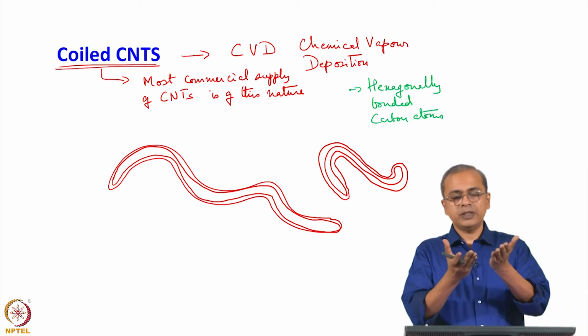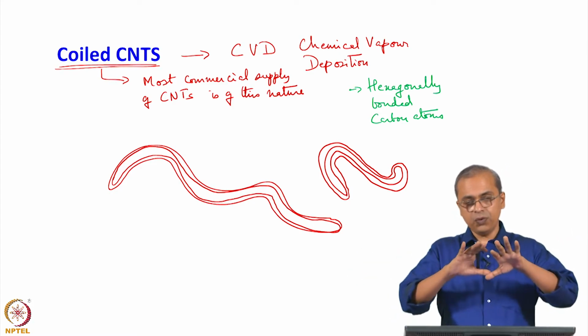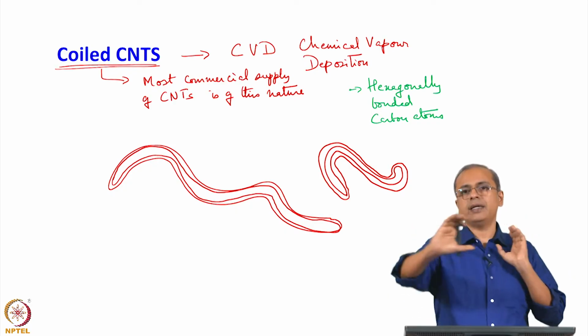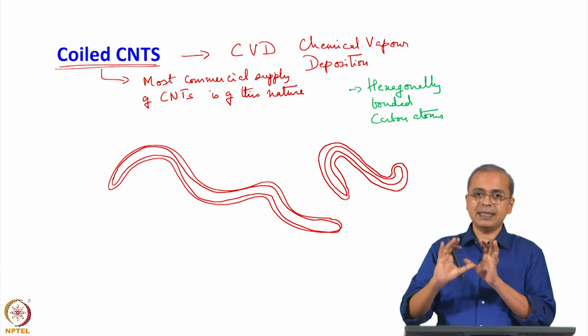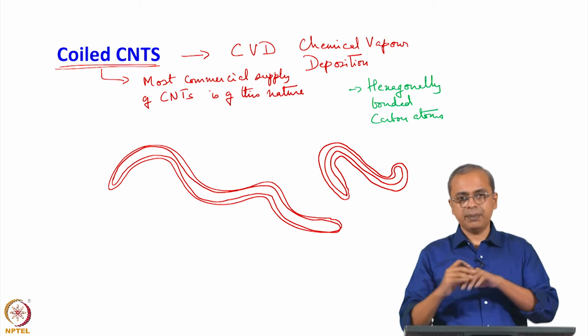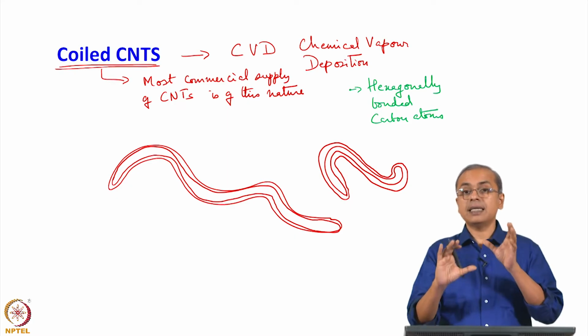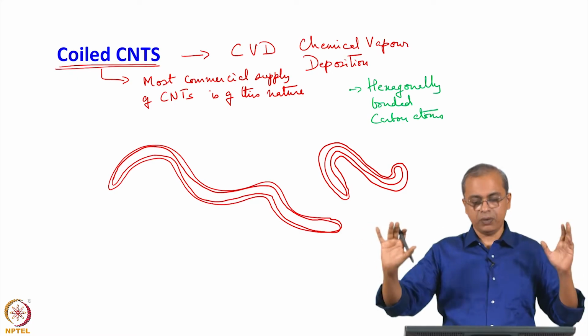As long as your sheet of graphene, if you think of it that way, consists of only hexagonally bonded carbon atoms and you roll it up, you will get a straight tube. From the perspective of hexagons being the most stable geometry for those carbon atoms, you can think of it as a defect free carbon nanotube, that is your straight nanotube.